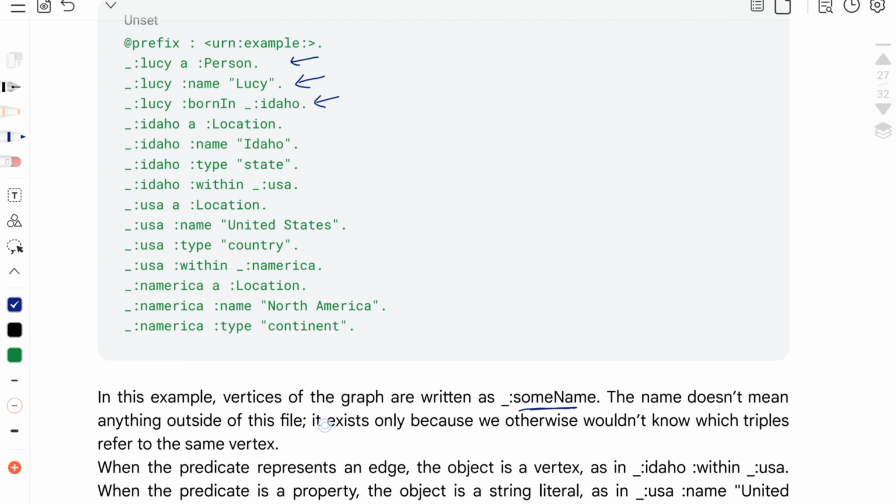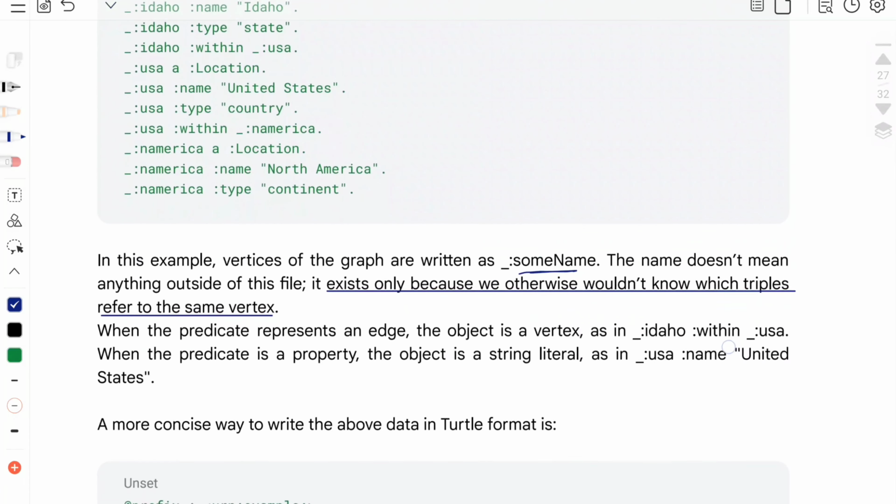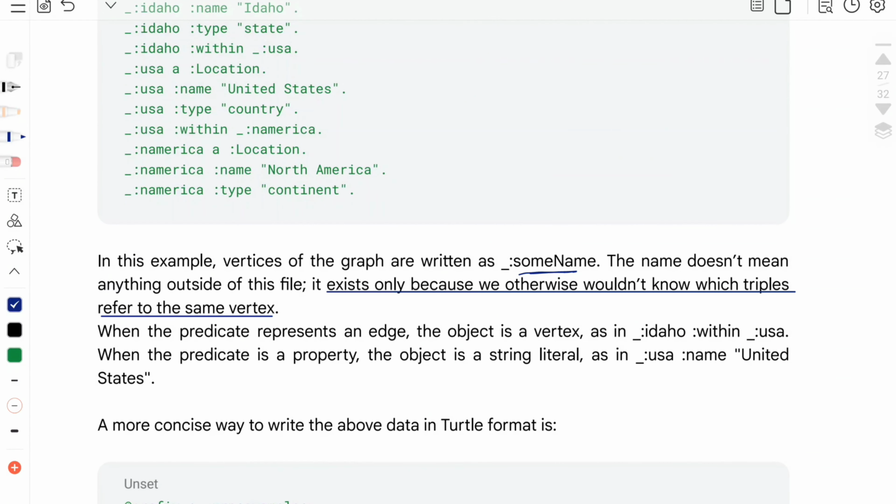It exists only because we otherwise wouldn't know which triples refer to the same vertex. So all of these vertices are for Lucy. When the predicate represents an edge, the object is a vertex, as in Idaho is within USA. When the predicate is a property, the object is a string literal, as in USA, name is United States.